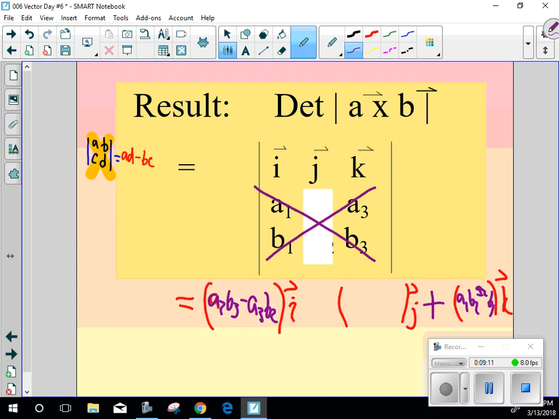Because we're kind of cheating, this should be over here. This is going to have the effect of making this minus. So then it's just going to be A1, B3 minus A3, B1. And that is the answer for A cross B. It's going to give us an actual vector. I know, not super interesting, but it's very powerful.